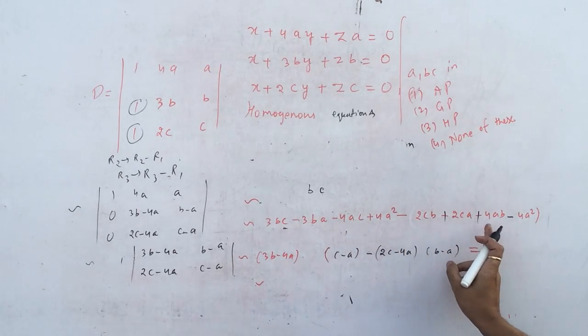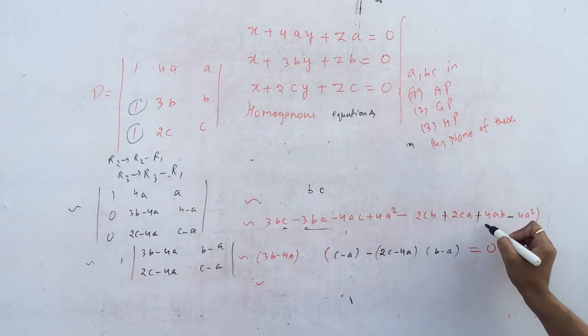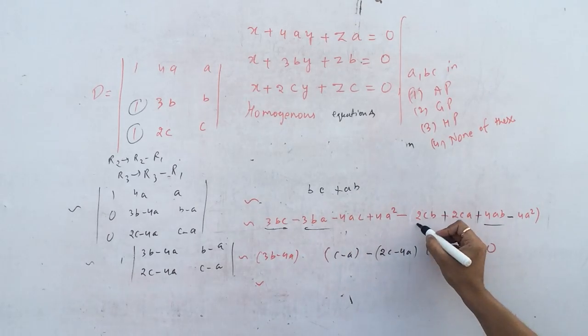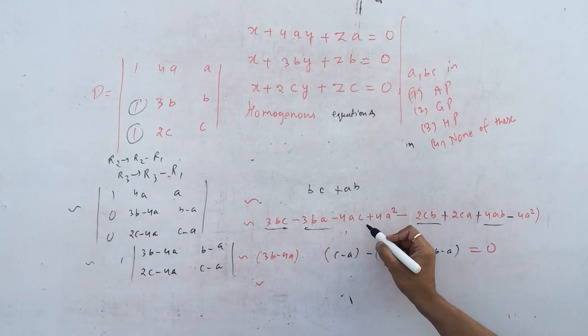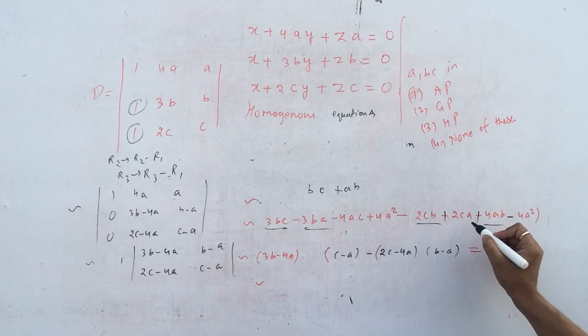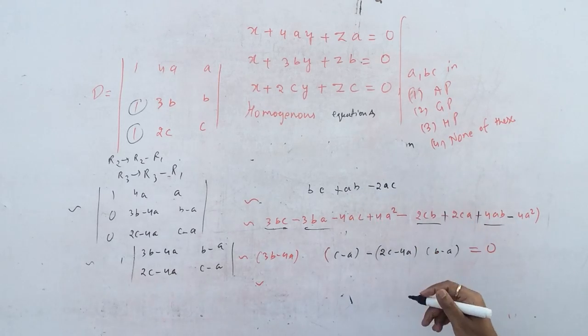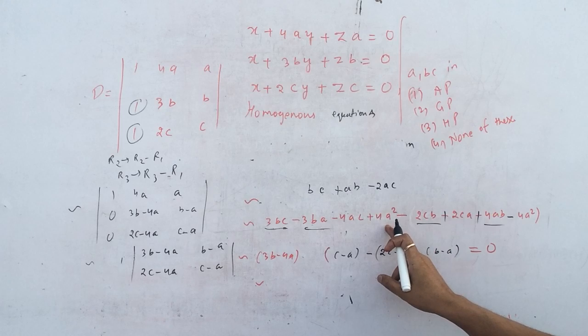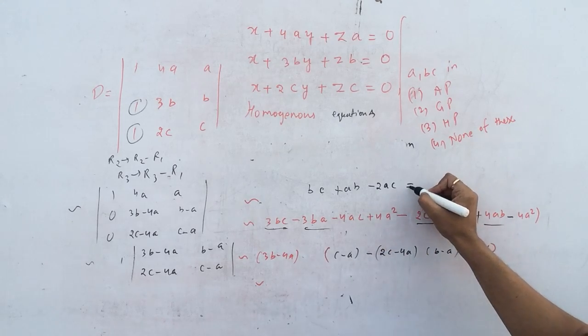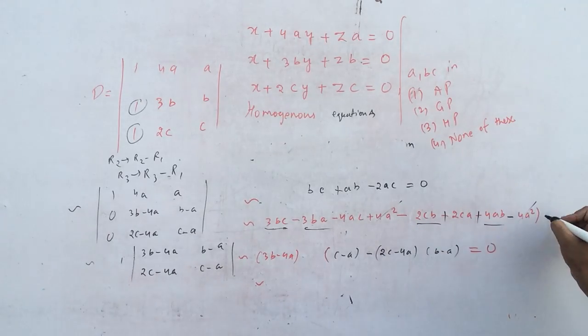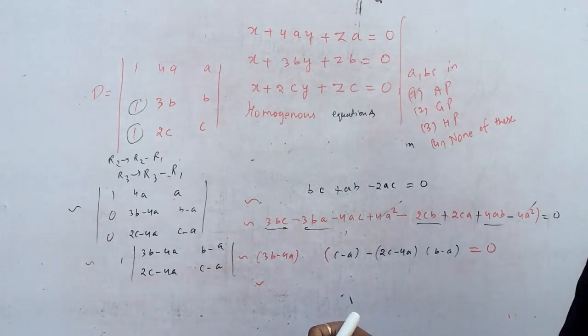Then 4ac minus 4ac plus 2ca minus 2ac cancels. And plus 4a square minus 4a square, so it is equal to 0. This will be cancelled out according to the rule.